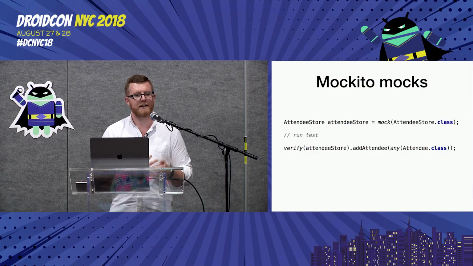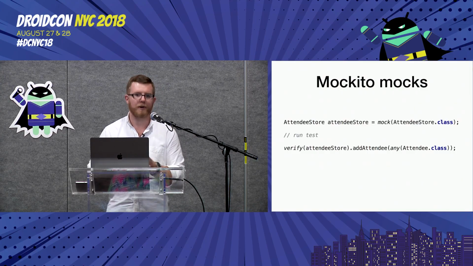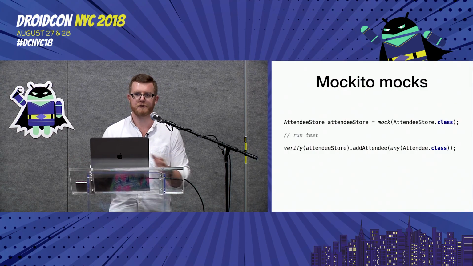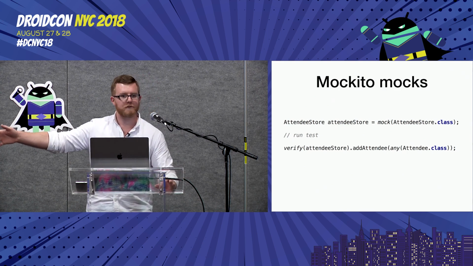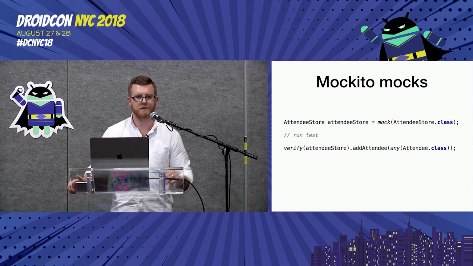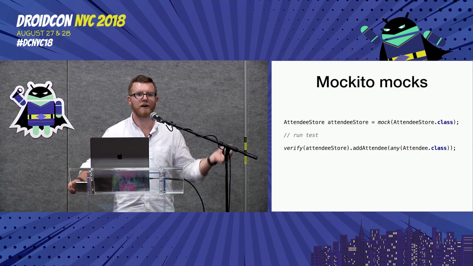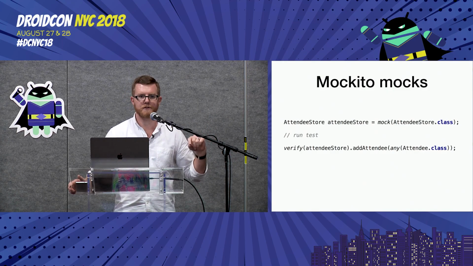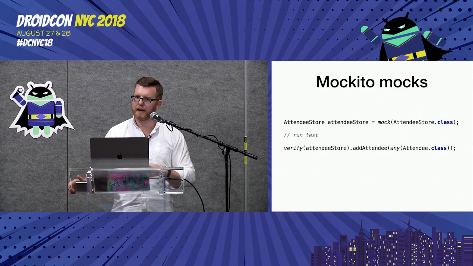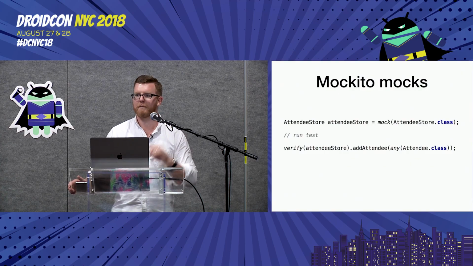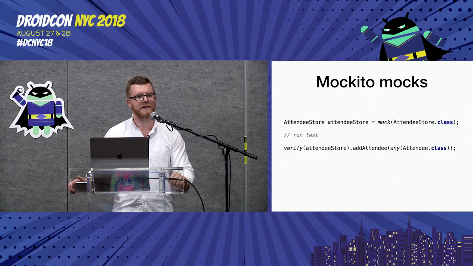It's also nice because it allows you to mock interfaces as well, so you don't actually need a concrete implementation. It'll just build you out a fake version. And then you can add your verifications on your mock object. So again, it's going to have that little call log. It's going to record all the interactions and all the parameters that get passed in, so you can verify pretty much everything that gets sent to that object. It's quite powerful.